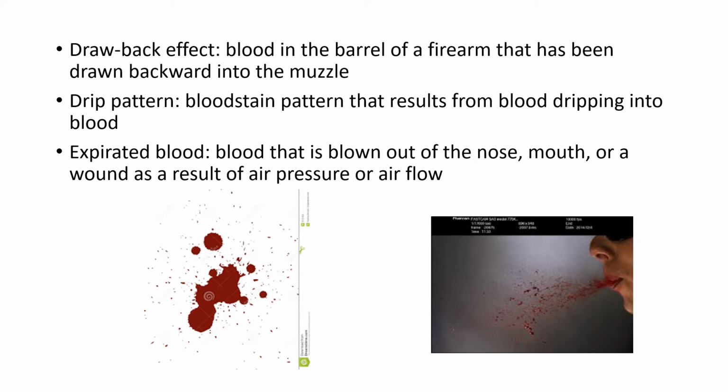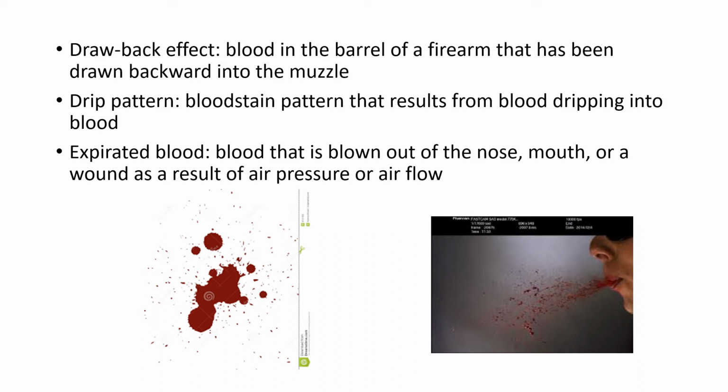Another thing we can encounter is expirated blood. This is blood that's going to be blown out of the nose, mouth, or a wound as a result of air pressure flow. So think of, if you've ever had a bloody nose and you go to blow your nose, you're blowing that blood out of your nose. You're not typically supposed to do that, but it can occur.